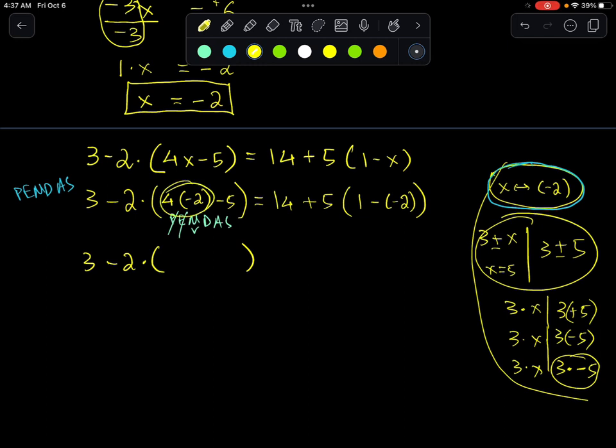I just do the multiplication, which is 4 times negative 2. Now 4 is positive. Positive times a negative is a negative. 4 times 2 is 8. Then this negative and this 5 drop, and I get negative 5. Okay? That's it on the left.